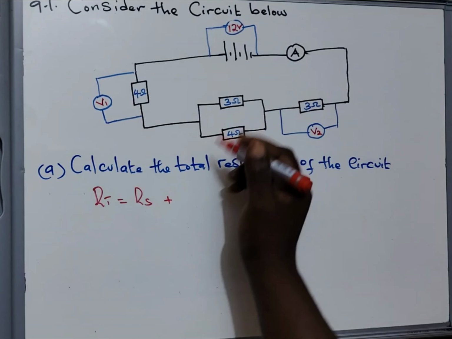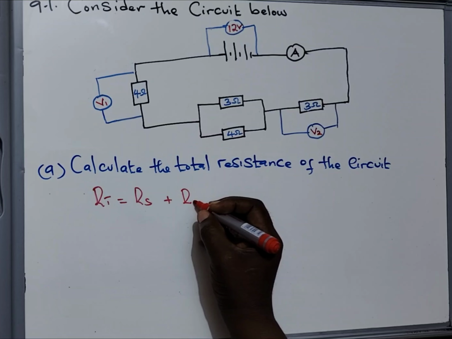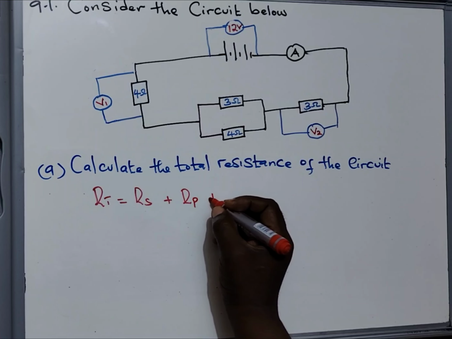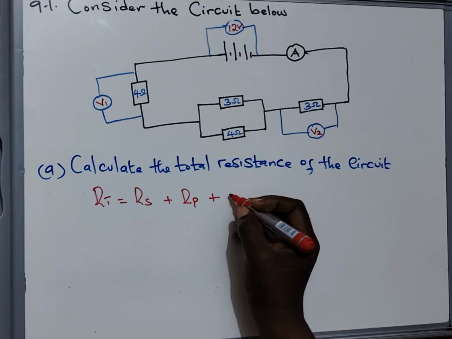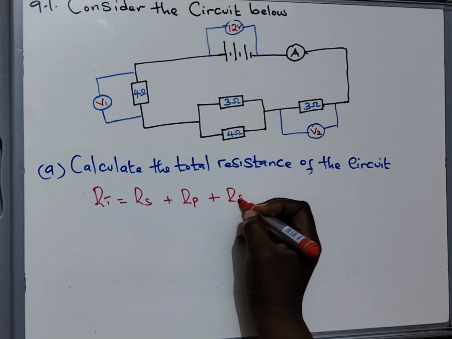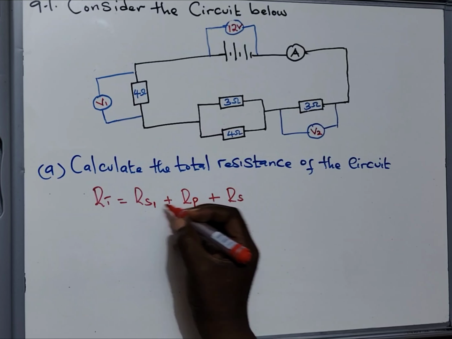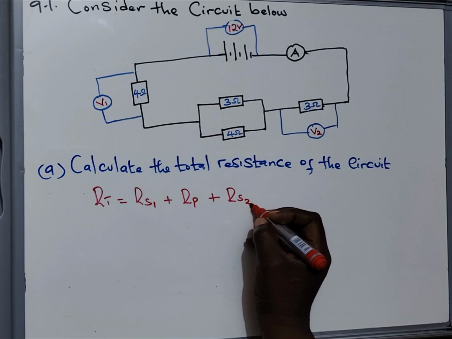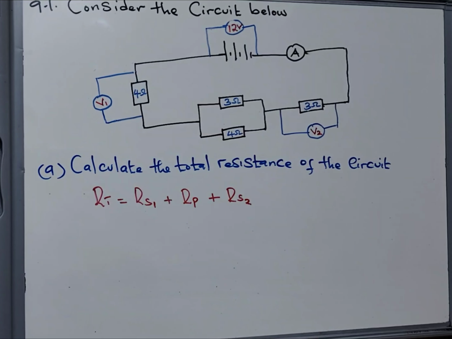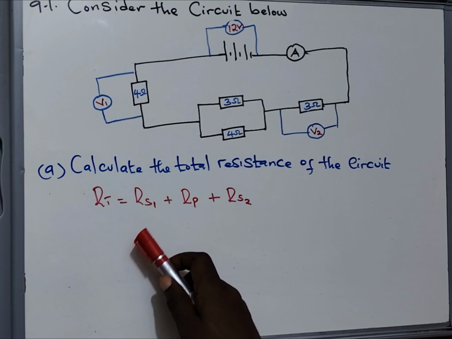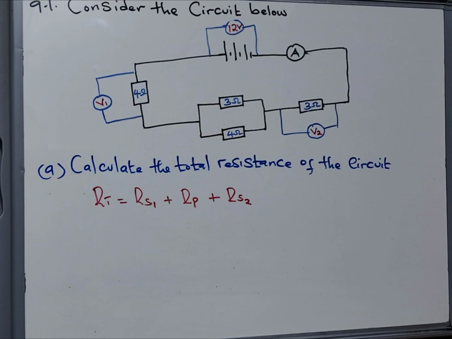Then we come to this one, which is RP, then plus this one, which is RS. Because we have 2 S's, this one is going to be RS1, and this is going to be RS2. RS means resistor in series, and RP stands for resistors in parallel.